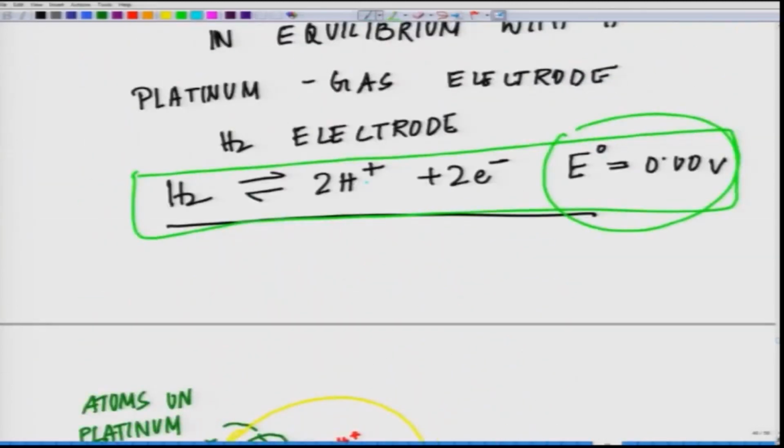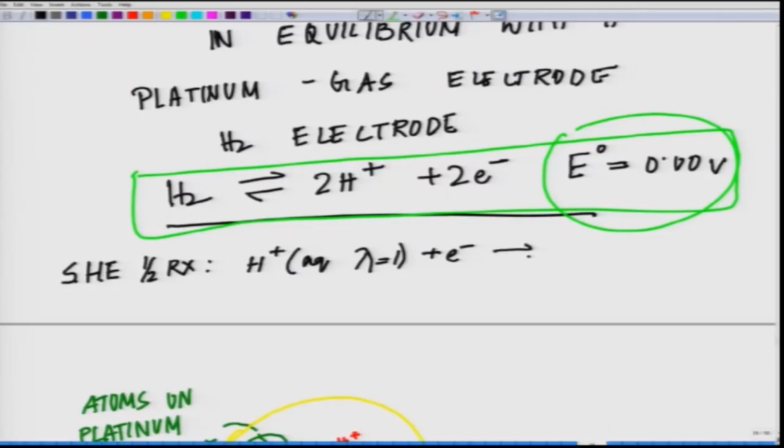Different books will put it like this: the standard hydrogen electrode half reaction will be H plus, aqueous, with an activity of 1, plus an electron, in a reversible reaction, giving half H2, hydrogen gas in the gaseous phase with an activity of 1, which is essentially the same reaction.